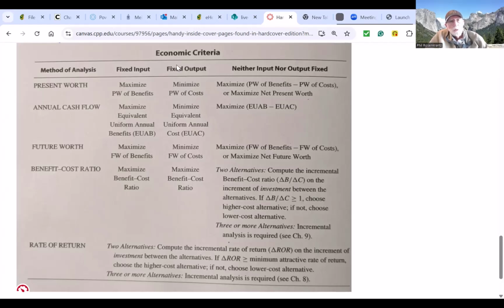Now, when we're talking about fixed output situations, which most of the time we are, then we usually treat cost as a positive number, not a negative. It's a negative on the cash flow diagram, but in working problems, a lot of time we treat the costs as positives. Let me give you an example.